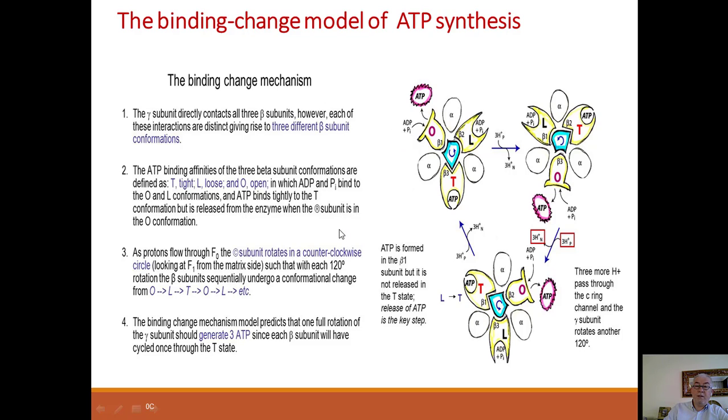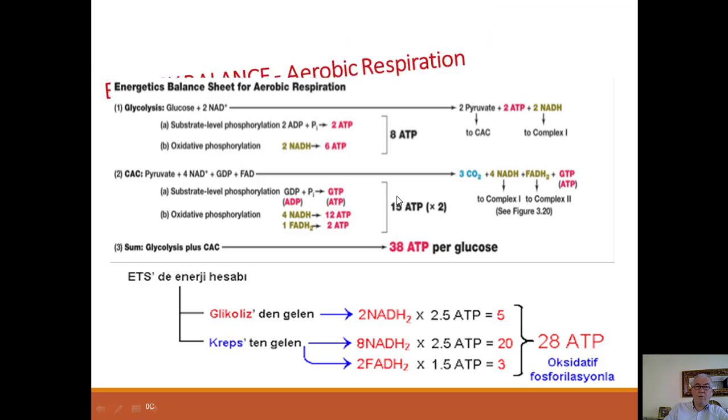This model can explain ATP synthesis, even if we don't know everything about ATP synthesis during oxidative phosphorylation, but we can explain ATP synthesis using this binding model.